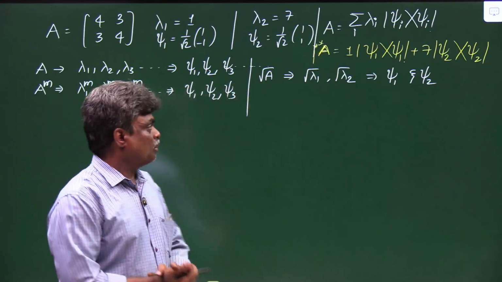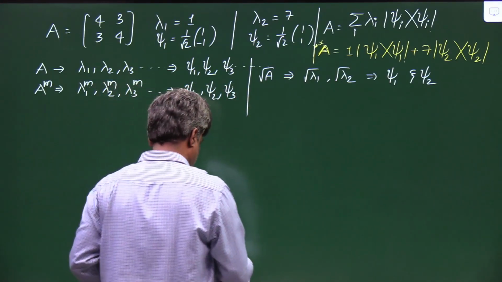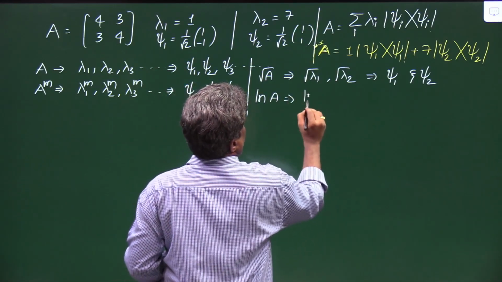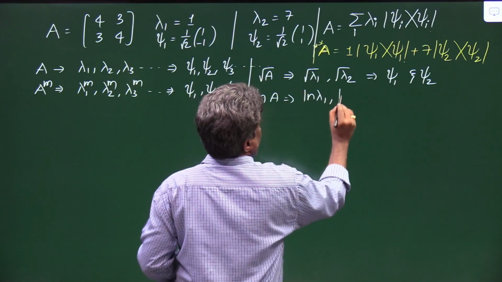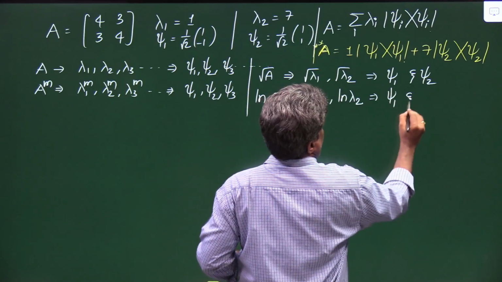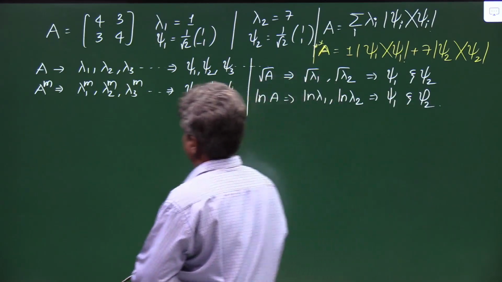Eigenvectors are the same, only eigenvalues are changing. And similarly log A, here also we have log lambda 1, log lambda 2, but eigenvectors are the same, psi 1 and psi 2.